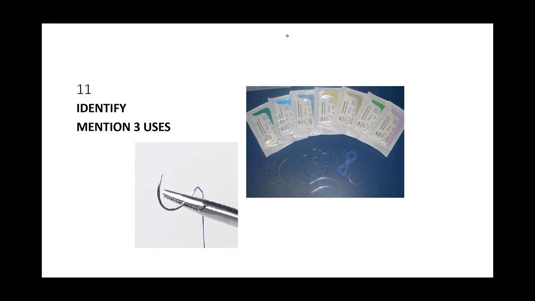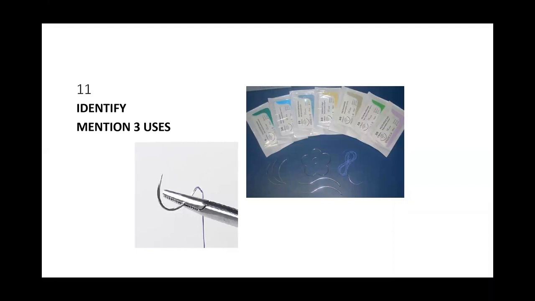Who can tell us the properties of an ideal suture? An ideal suture will be cheap, easy to use, affordable, available, should be inert, should not interfere with the physiology of the patient, and should have less memory.